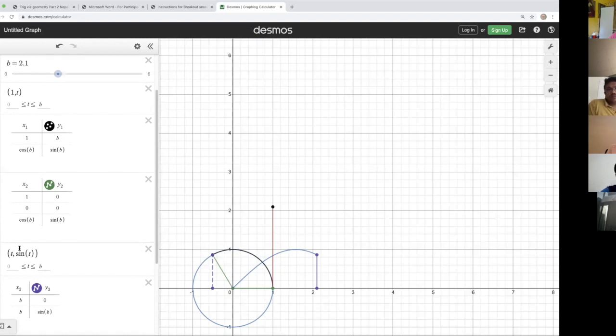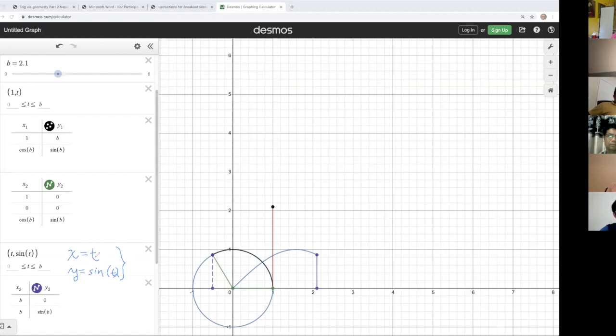I'm going to turn on an annotation and write this out. If I broke this down by components, this would say that x equals t, and y, the y component, is sine of t. For those of you who've studied parametric equations, sometimes we talk about eliminating the parameter, where we take these two equations and combine them into a single equation.